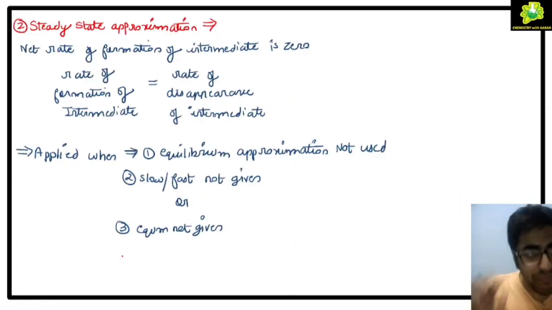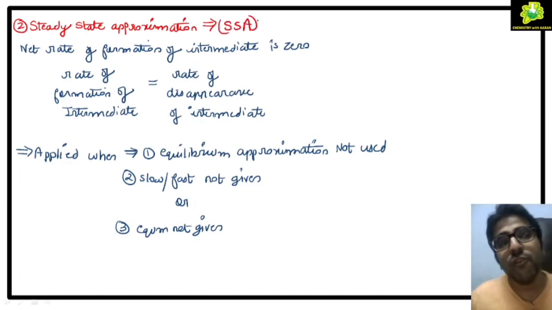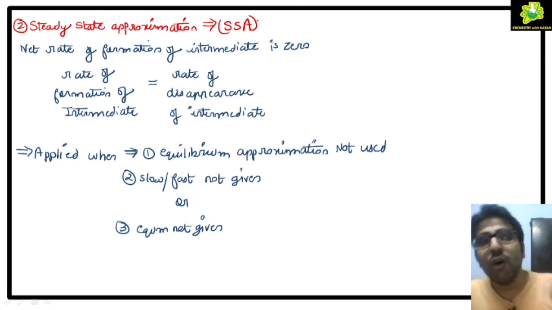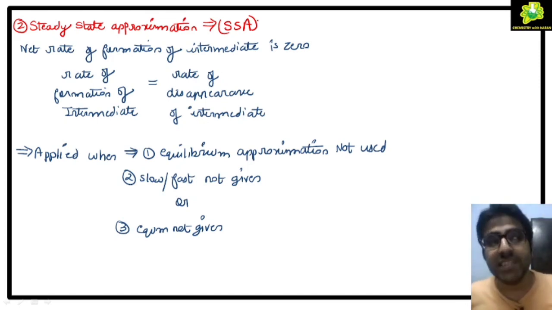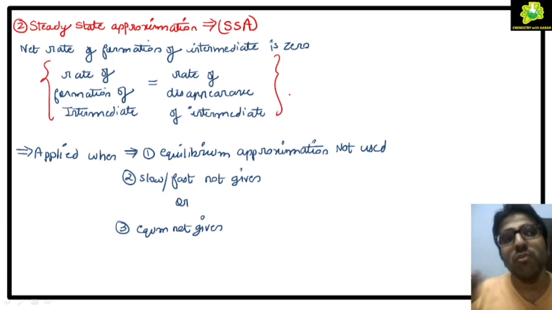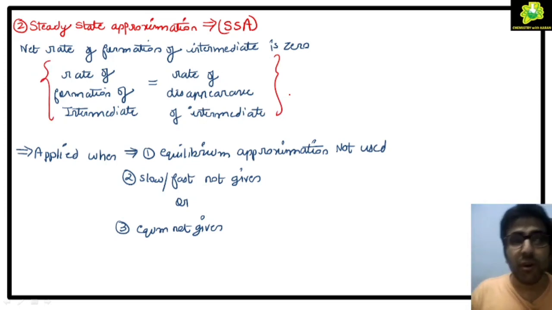Now the second approximation is steady state approximation, known as SSA. First of all, what it states is that the net rate of formation of intermediate is 0. That is, rate of formation of intermediate is equal to rate of disappearance of intermediate. Very important point.